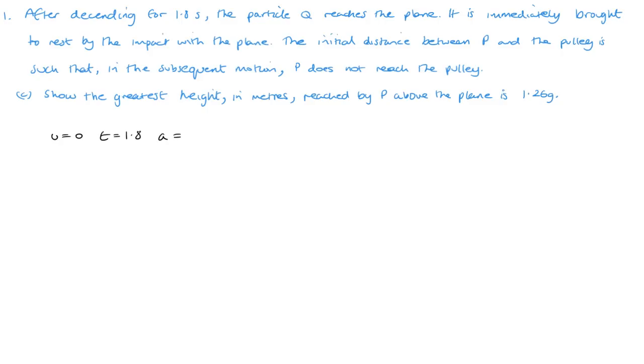The acceleration is 1/3 g, and we want to find s. So s equals ut plus 1/2 at squared. So it equals 0 plus a half times 1/3 g times 1.8 squared.